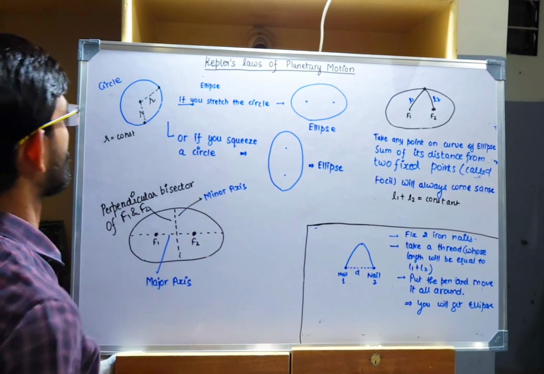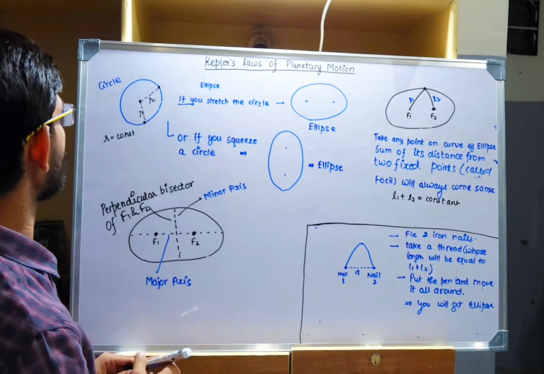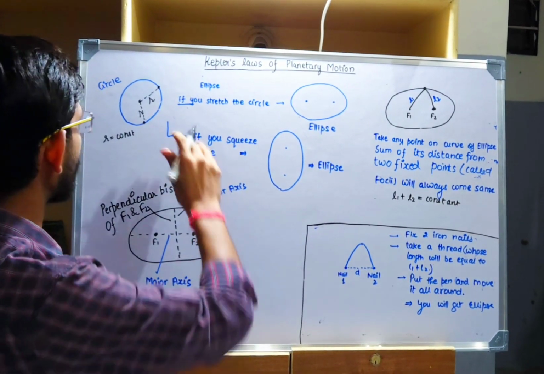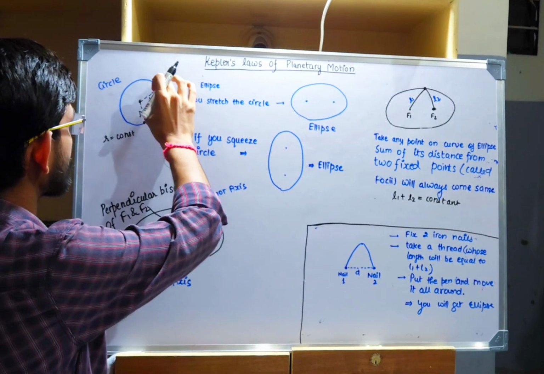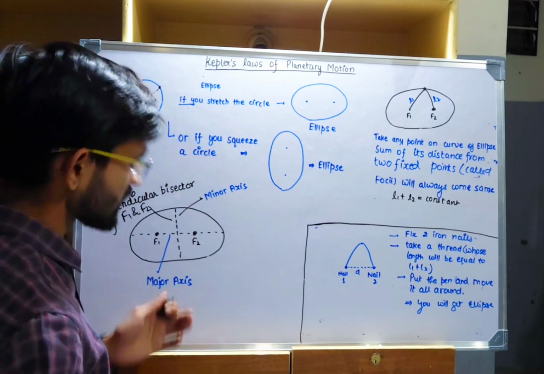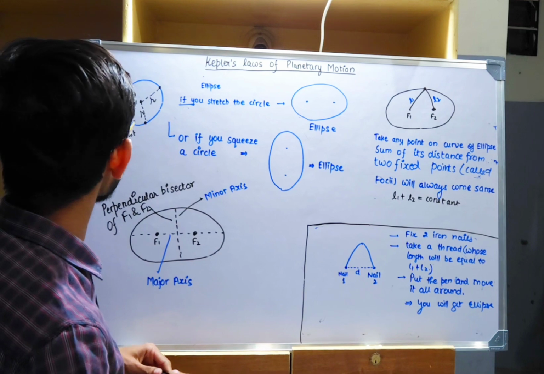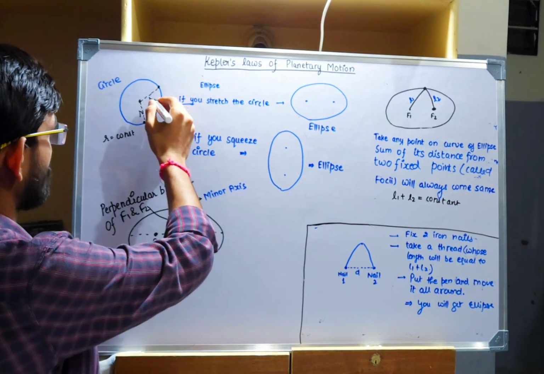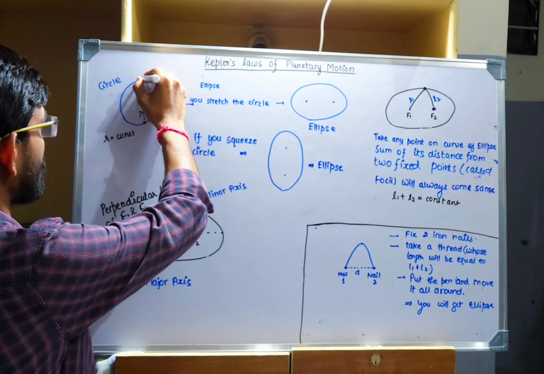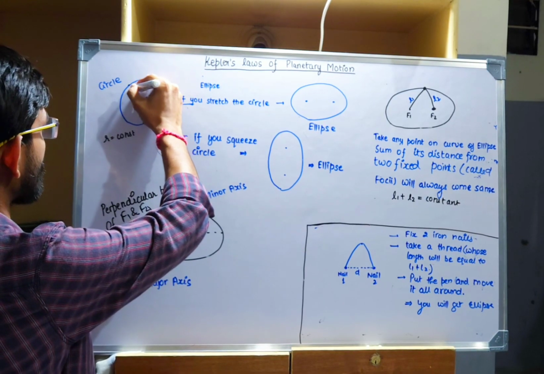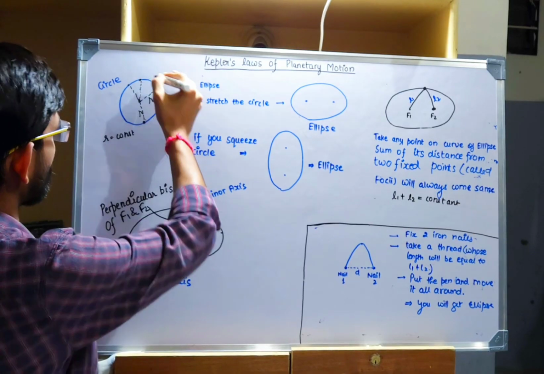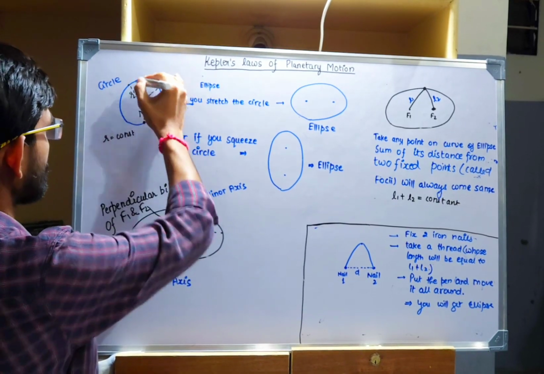If you see a circle, you can take any point on the surface of a circle, and if you try to find its distance from the center of the circle, it will come the same for all the points, and this length we call radius. So if you take any point on the boundary of a circle, its distance from the center of the circle will be the same, and this is the radius.